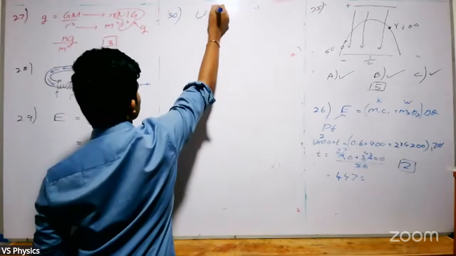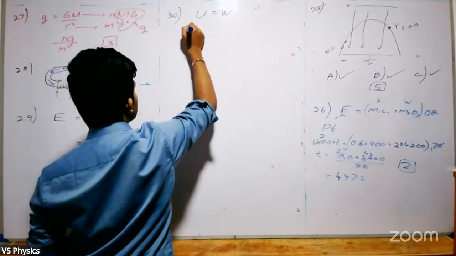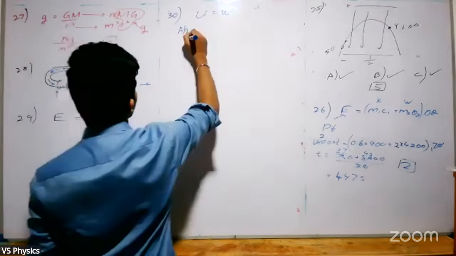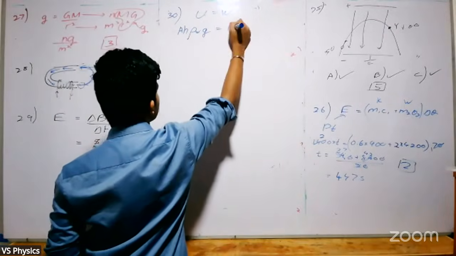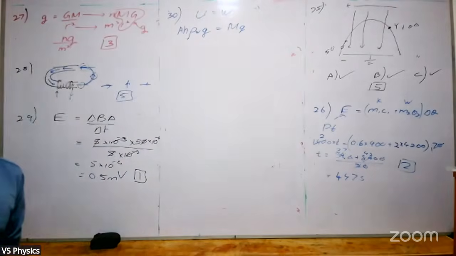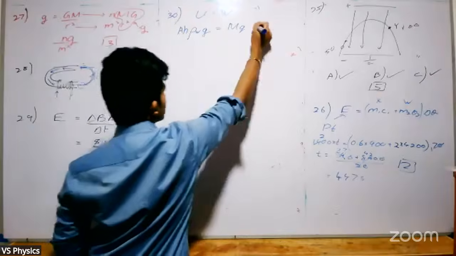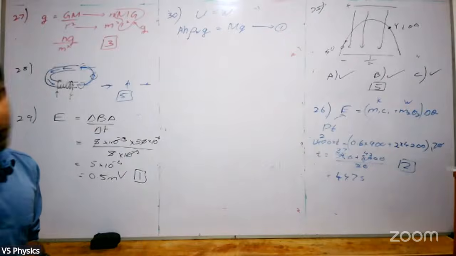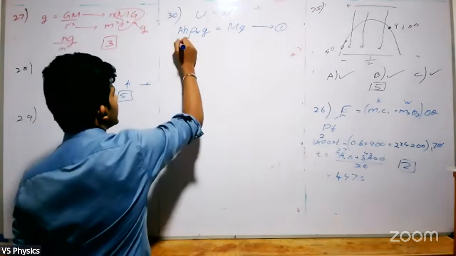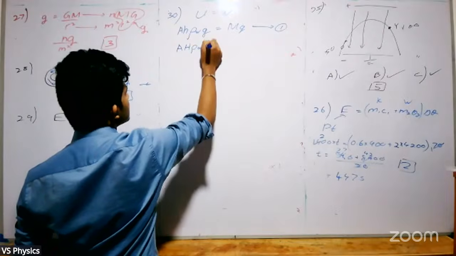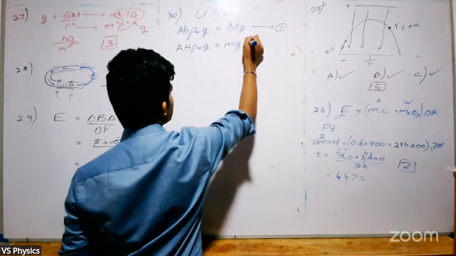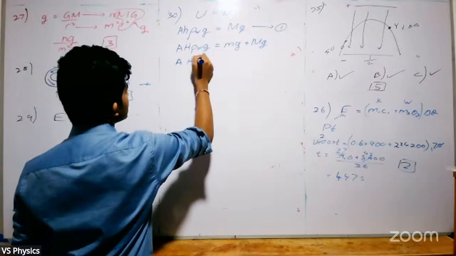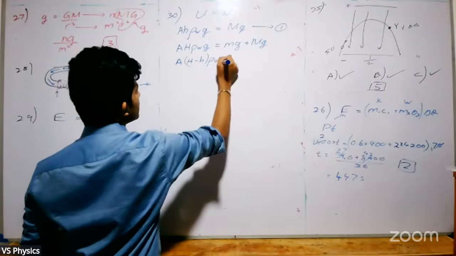Initially, upthrust is equal to weight, and that upthrust is given by area times small h times rho water g, equal to capital Mg, because we don't know the mass of the cylinder. This is the first occasion. In the second occasion, A times capital H times rho water g is equal to Mg plus capital Mg. So we can write A times (H minus h) rho water g is equal to mg.